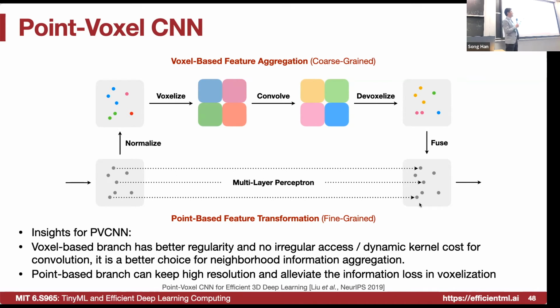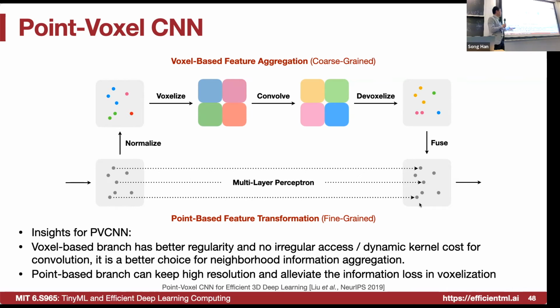While on the voxel branch, we can have neighborhood modeling since we can do 3D convolution. But if we apply the voxel branch by itself, it needs high resolution to capture those details. In this design, the details can be offloaded to the MLP in the point branch to calculate the detailed information, while the coarse-grained big picture can be captured by the voxel-based branch.